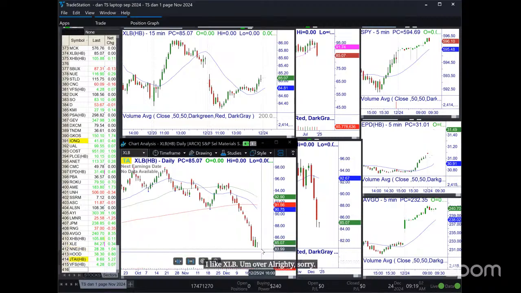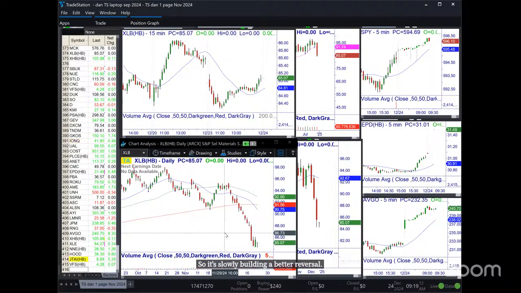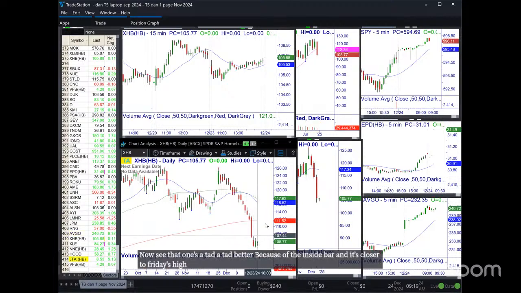Because notice how yesterday made a new low and didn't go anywhere. So it's slowly building a better reversal. Now look at housing. That one's a tad better because of the inside bar, and it's closer to Friday's high. Again, 1 to 3 day bounce.